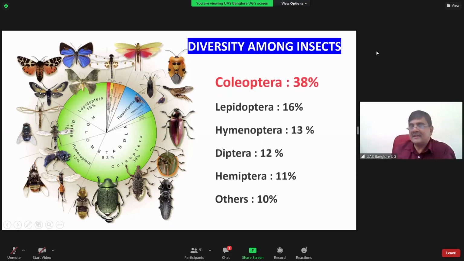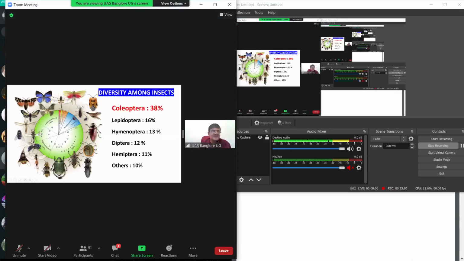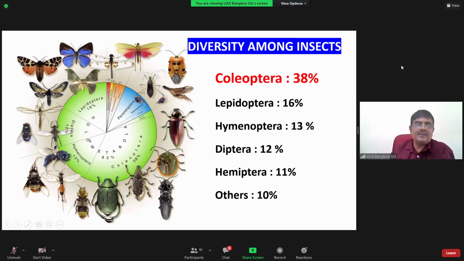The coleopterans' contribution is 38%. The Lepidopterans, that is moths and butterflies, contribute 16%. The wasps and honeybees contribute 30% of insects. The flies and mosquitoes and others contribute 12%.